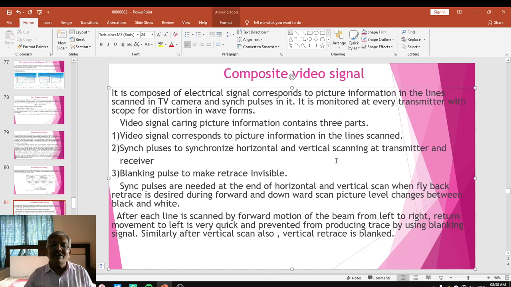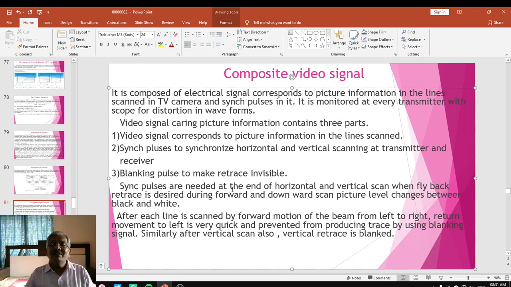Thus we can say composite video signal is a combination of the video signal corresponding to picture information, sync pulses to synchronize horizontal and vertical scanning in transmitter and receiver, and also the blanking pulses to keep the screen blank during the retrace period.